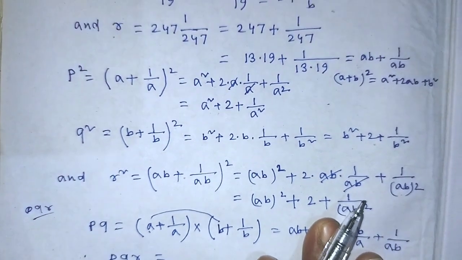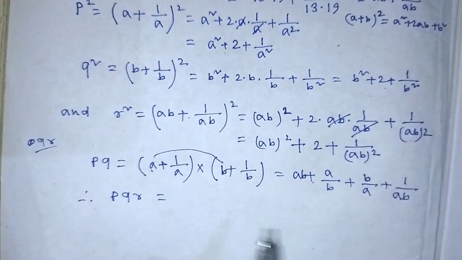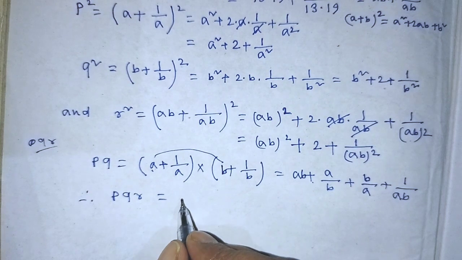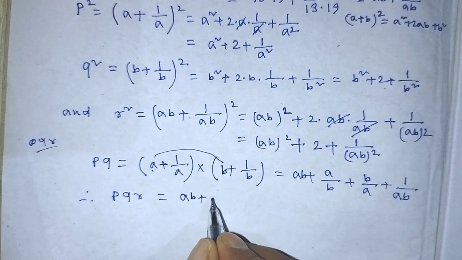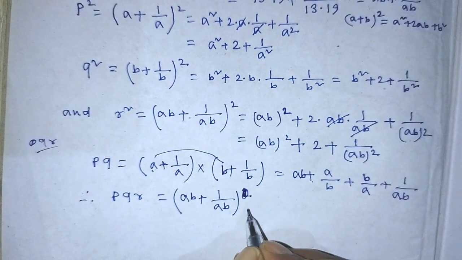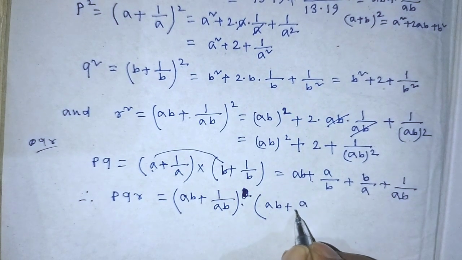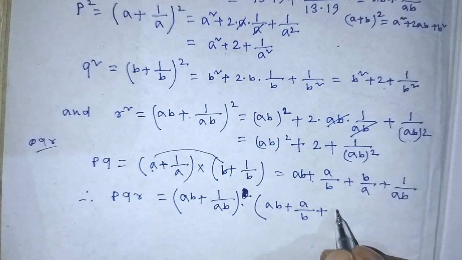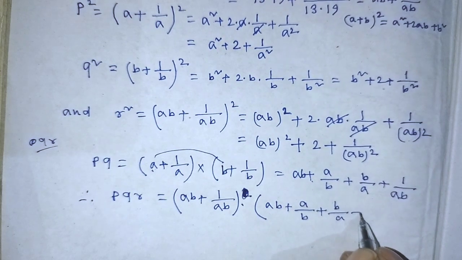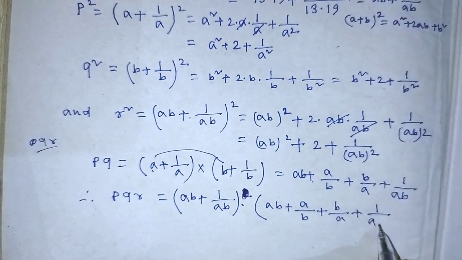Okay, so we can write in here (ab plus 1 over ab) into (ab plus a over b plus b over a plus 1 over ab).